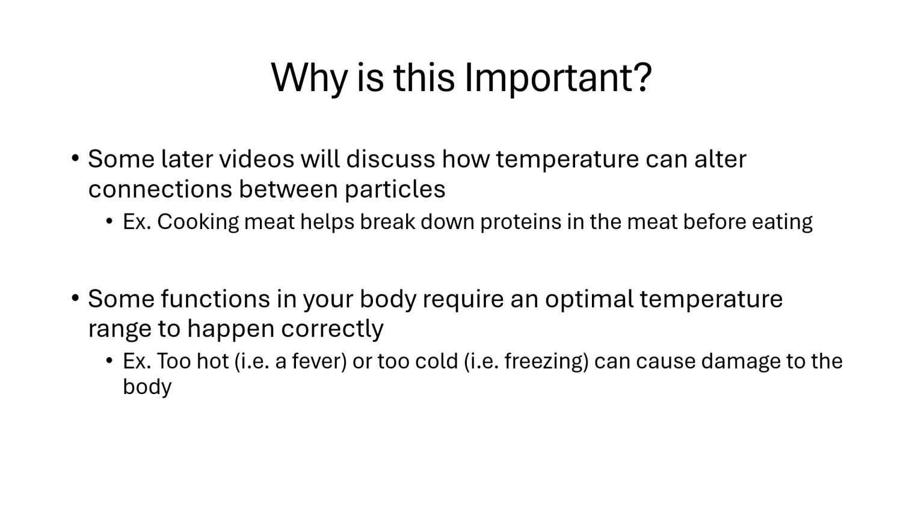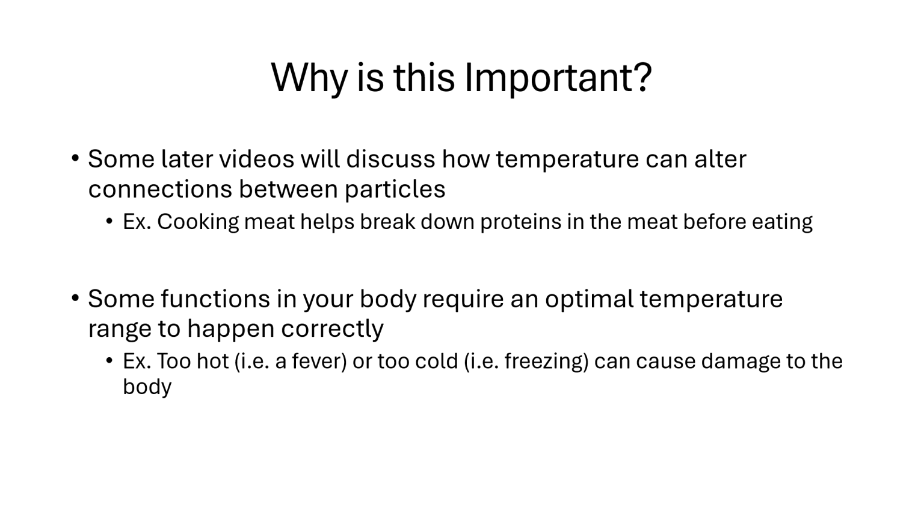And you are cooking this meat either in the oven or on the stovetop. Well, when you cook the meat, the heat from the stovetop or the oven will start to break apart some of the proteins in that meat, and it'll make it easier for your stomach and intestines to digest it and turn it into energy for your body.